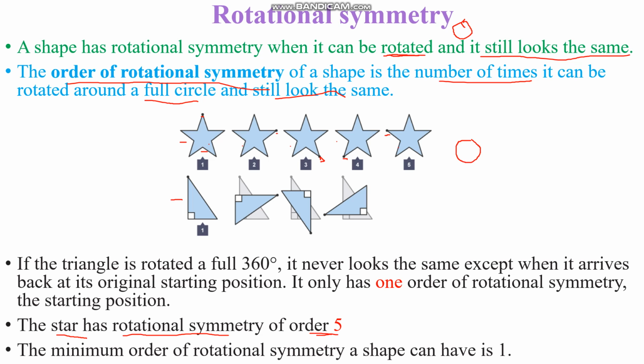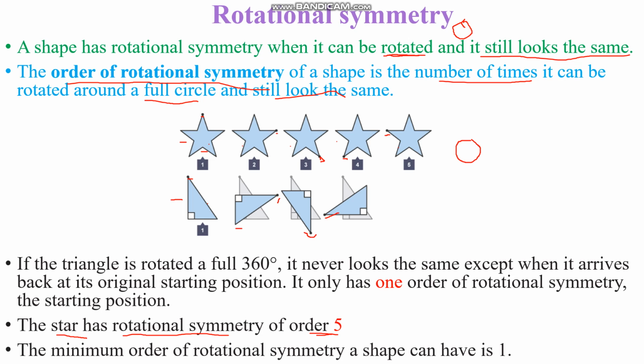And now we come to the right angled triangle here. In the first one, note that the mark is here. This is when it's standing like this in the first position. And then when we rotate it, note that the mark is here, but it doesn't look the same as in position 1. When we rotate it again, it doesn't look like the triangle in position 1. And when we rotate it again, it still doesn't look like the triangle in position 1.